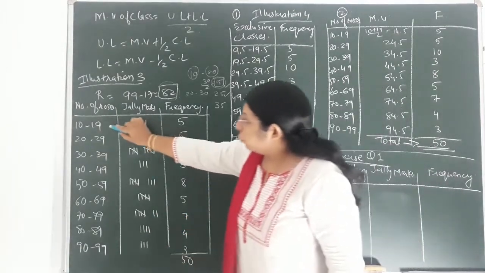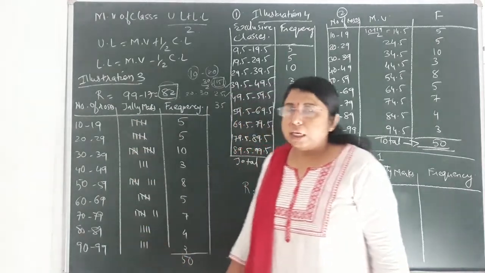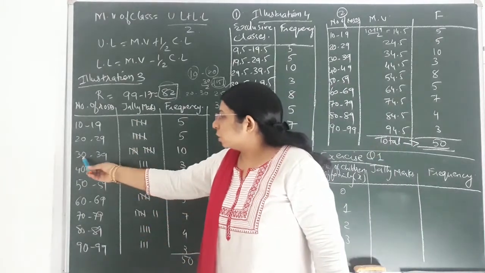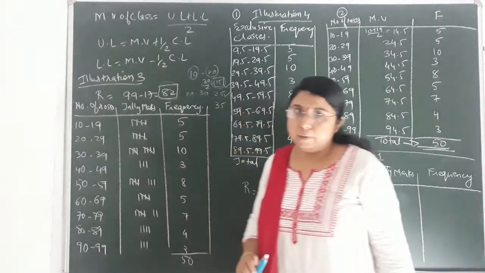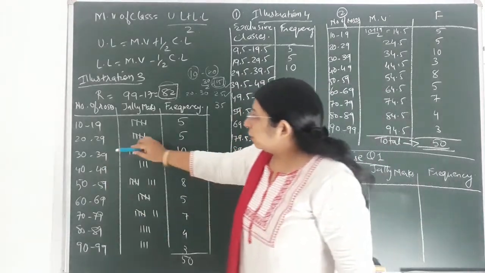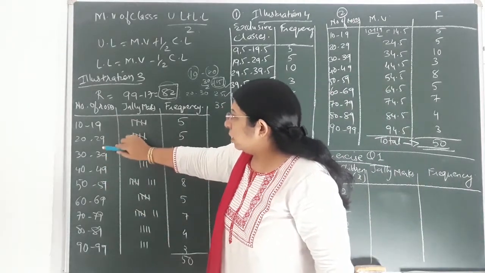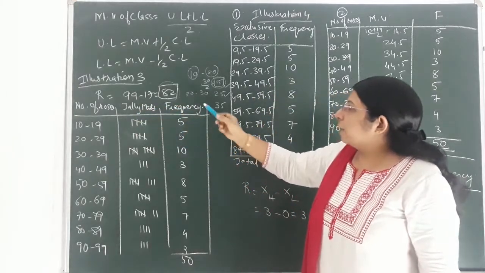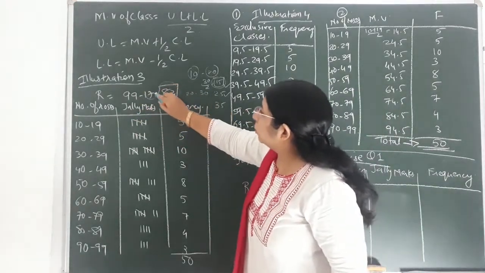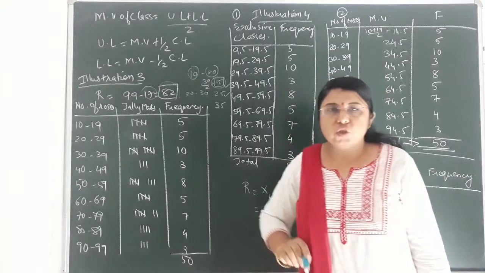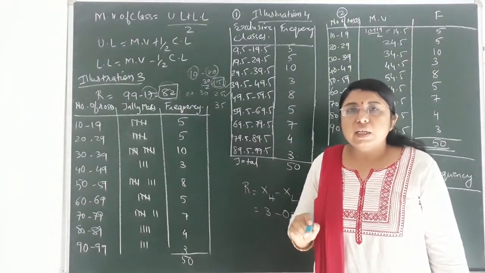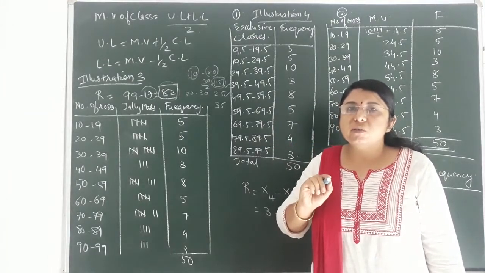But first of all, we have to decide the classes. One class that has been given to you in the question is 30 to 39. To maintain equal class length, we have to start the classes covering the minimum value, that is 17.